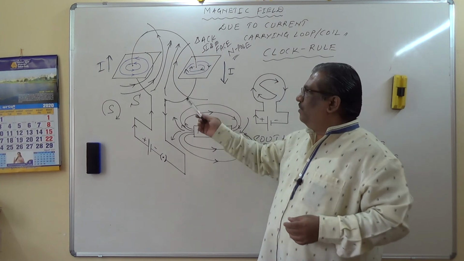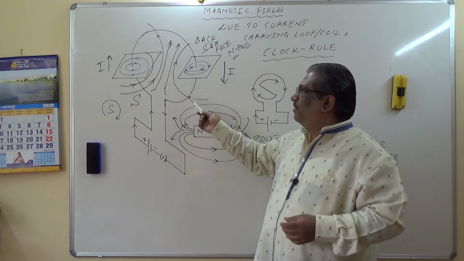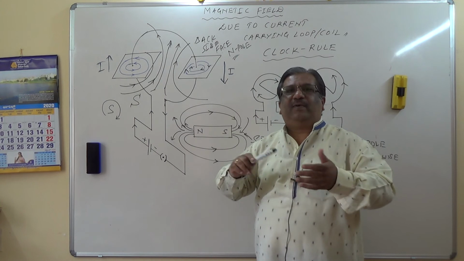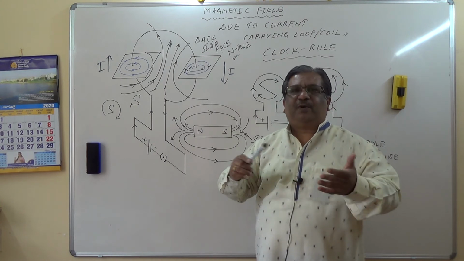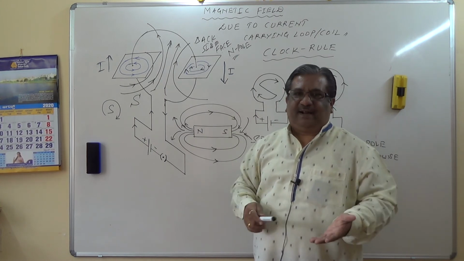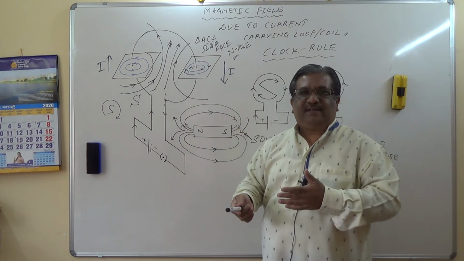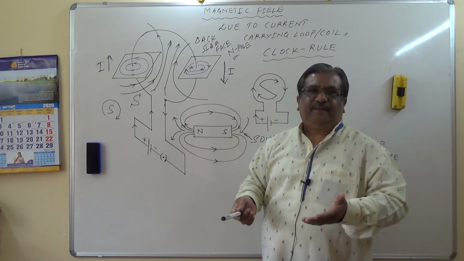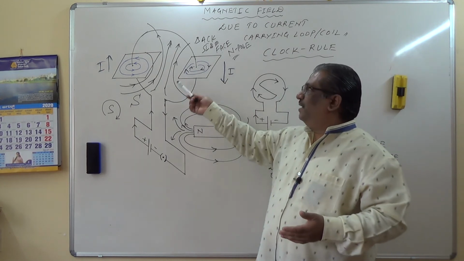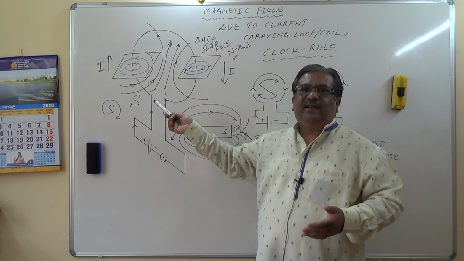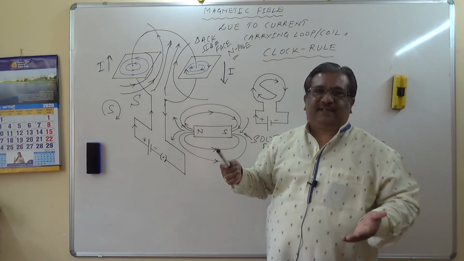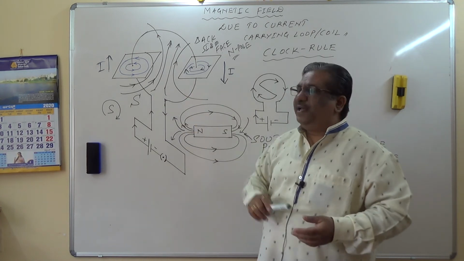Therefore, instead of one turn, I will club together 25 turns. I can have about 20 turns, 25 turns, 100 turns, etc. If 1 amp current flows through one loop, then in n turns, n times the current. And therefore, if the magnitude of the current increases, the magnetic field strength of the loop also increases.